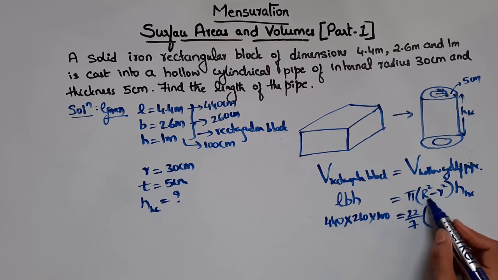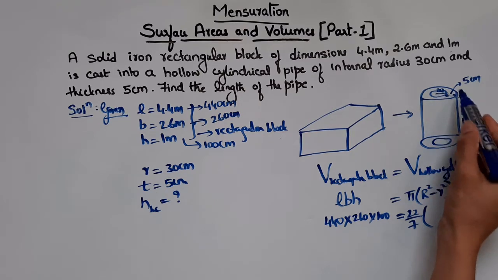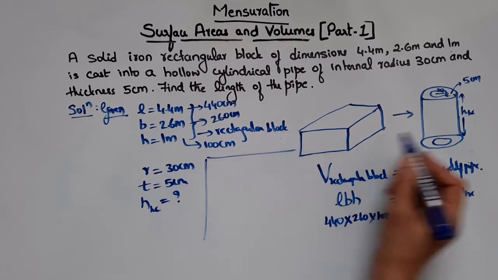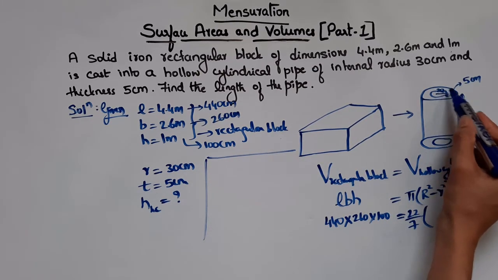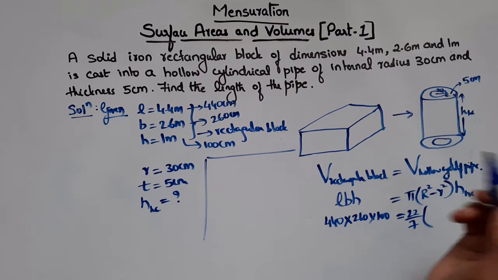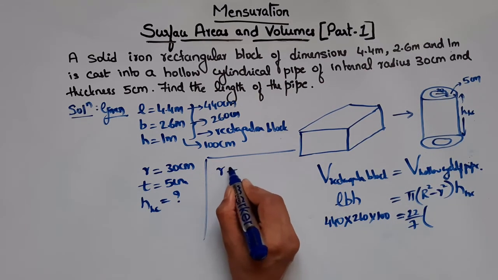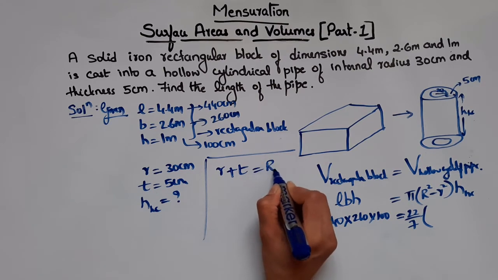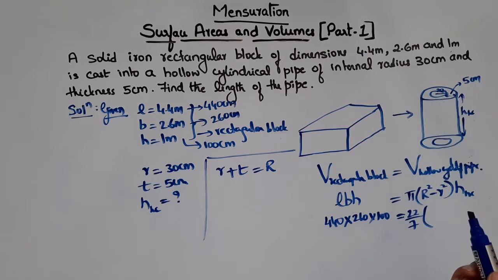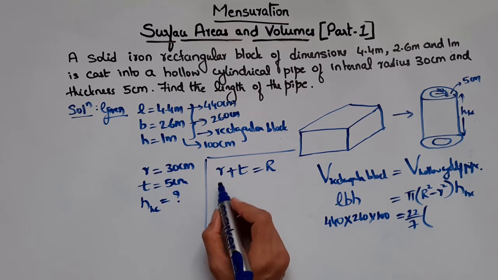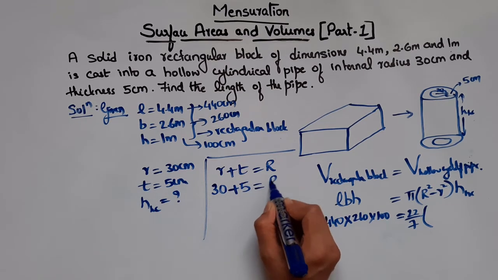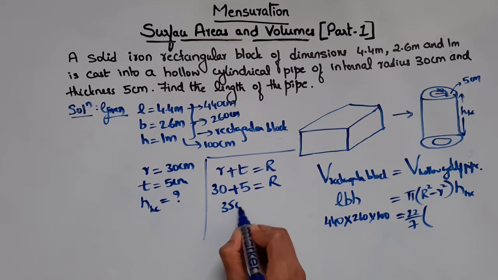R square. Now what is R? R is nothing but the external radius of this hollow cylinder. So if you see in the figure, small r plus t, this is the thickness, is equal to capital R. That is, small r plus t is equal to capital R. So we know small r is 30 centimeter plus thickness is 5, which will give you your capital R, so 35 centimeter.